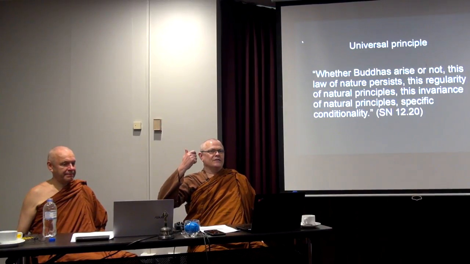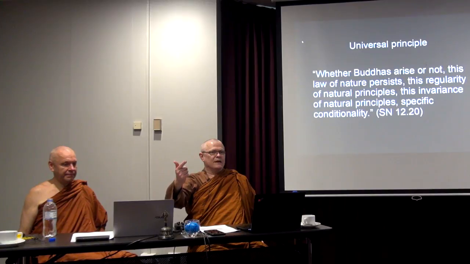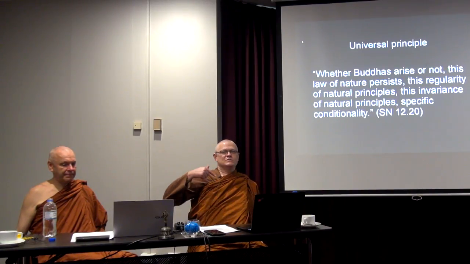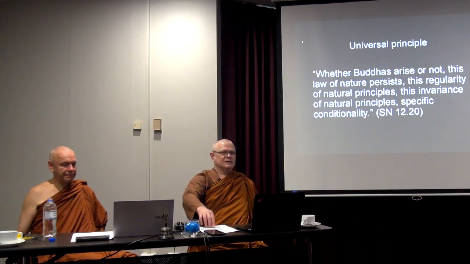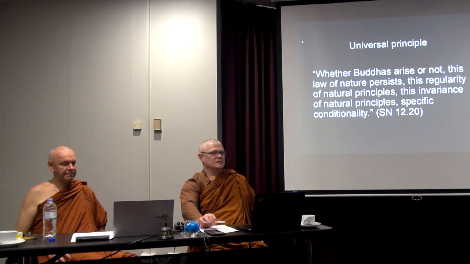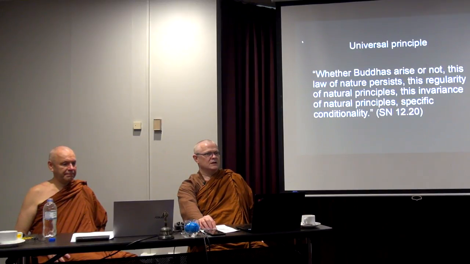that regularity is persistent. All right. So just in the same way that the law of gravity is persistent, different parts of the universe, different times and different places, the law of gravity still describes things as they happen. So dependent origination is still persistent.